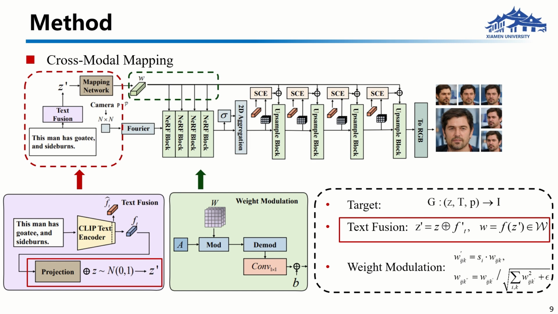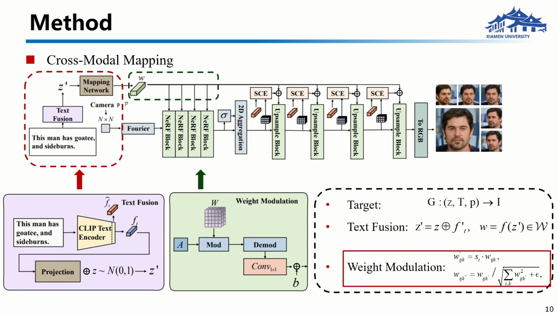Then we modulate the sampled random noise Z by element-wise addition. Subsequently, the corresponding style code W is obtained by a mapping network, which is then used to conduct weight modulation. In this way, we can effectively combine text information with the style code and impact both 3D and 2D representation learning.